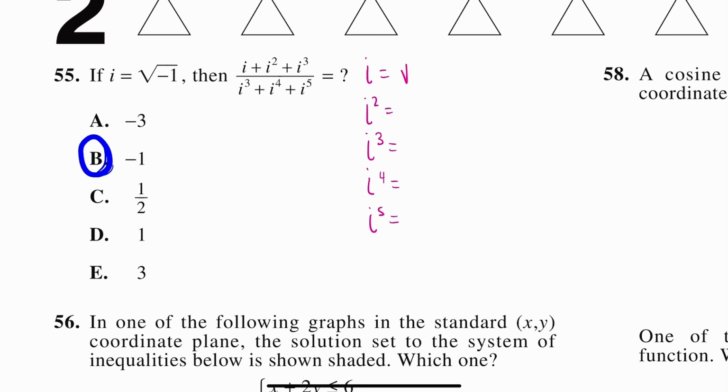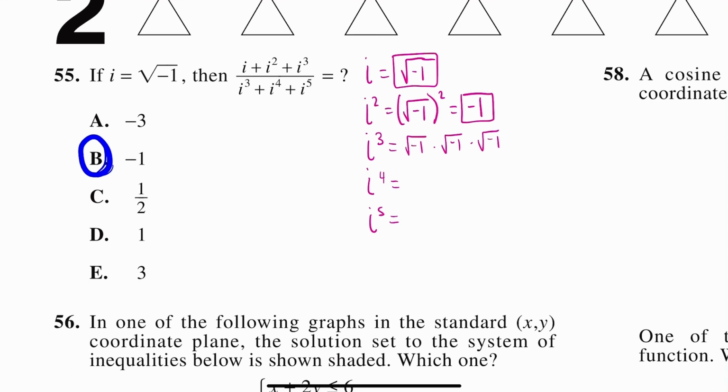So it says i is the square root of -1. So then we know that i squared is technically the square root of -1 squared, right? Which is just -1. So I'm going to kind of box these two so I know what my final answer is. So then i to the 3rd power is really square root of -1 times square root of -1 times square root of -1.